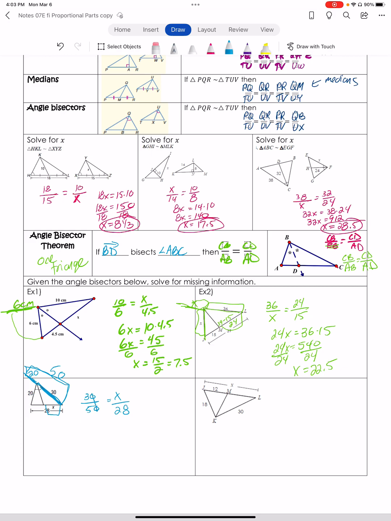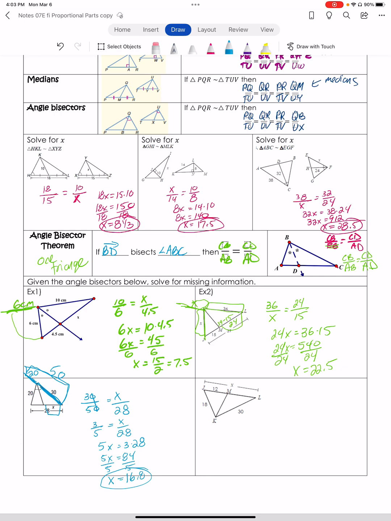Now you could simplify before. If I gave you no calculator, this would be 3 over 5 is equal to x over 28. 5x is equal to 3 times 28. So 5x is equal to 84. Divide by 5, x is equal to 16.8.